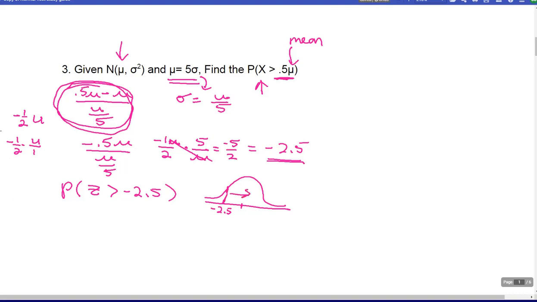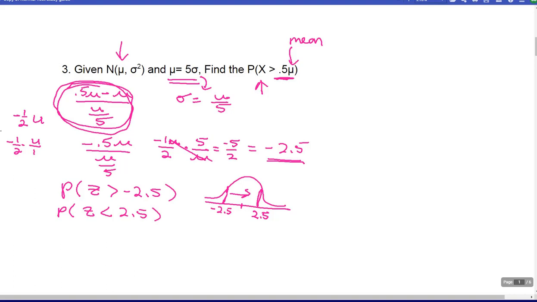Now, how could I also do this only being less than? You could find the area of positive 2.5 below it. Exactly. Do you see if I go to positive 2.5, the area below that will be the exact same as the area above negative 2.5? So what I'm going to do is write this. The probability of z being less than 2.5.